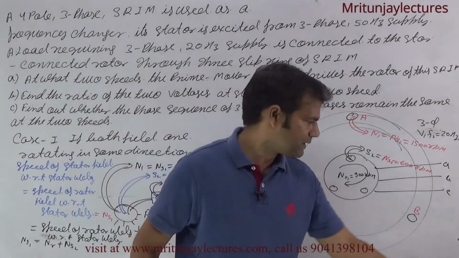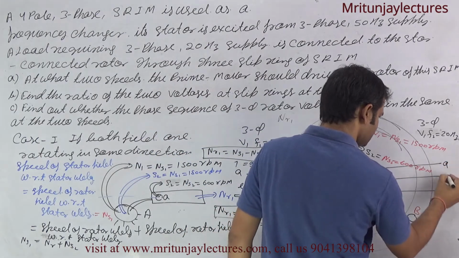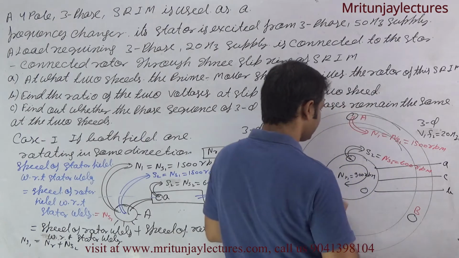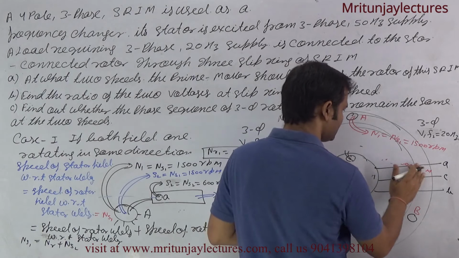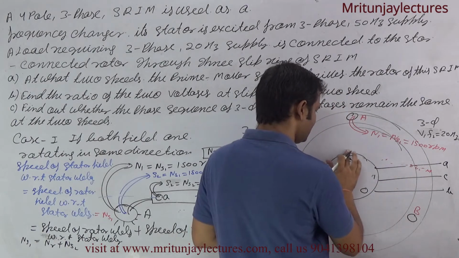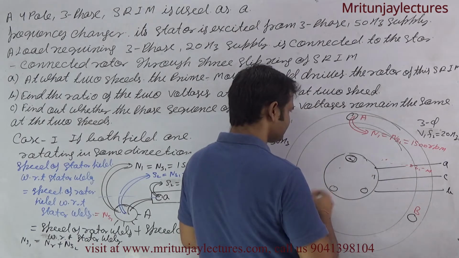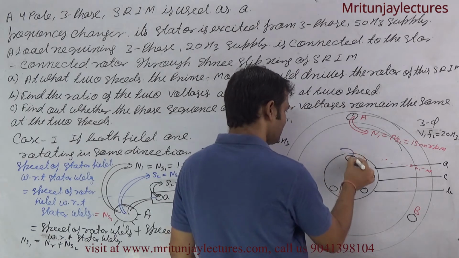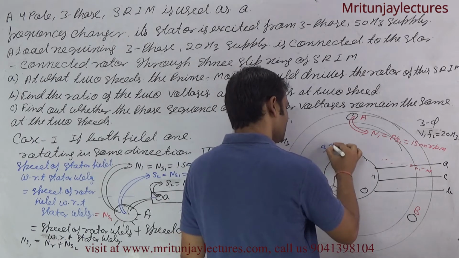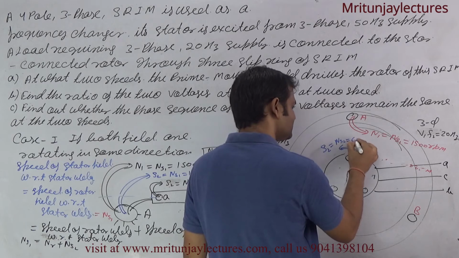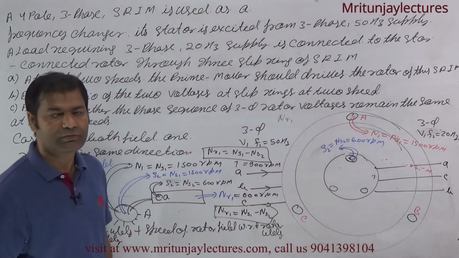Now suppose the phase sequence is ACB. If this one is ACB, then what about the rotor field with respect to the rotor winding, that is S2, this is equal to NS2, how much? 600 RPM in the opposite direction, anti-clockwise.